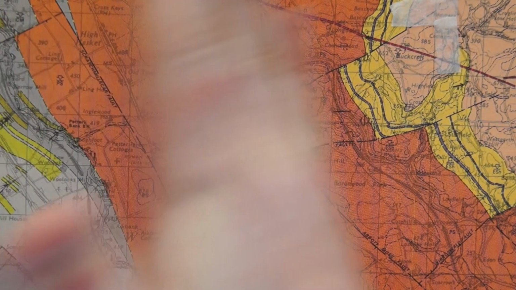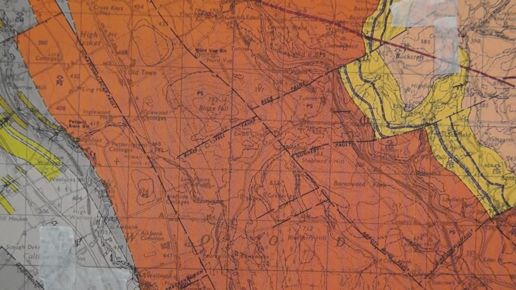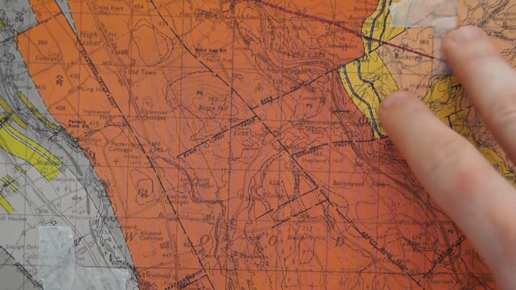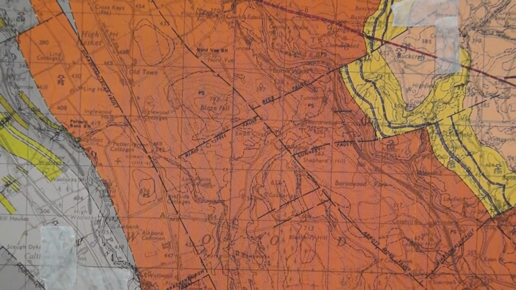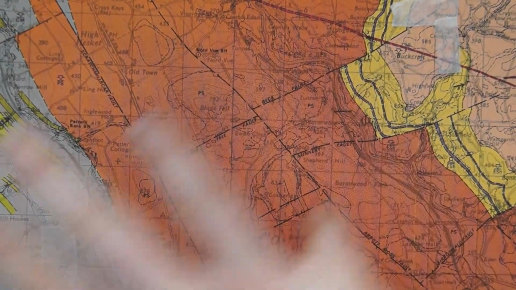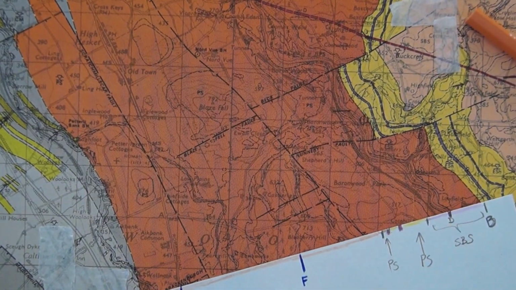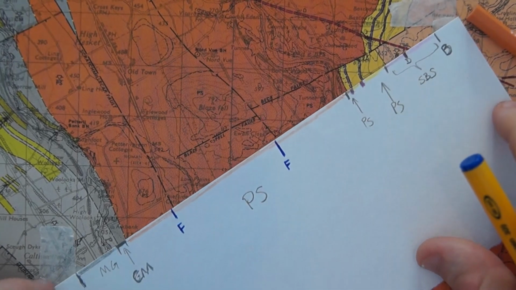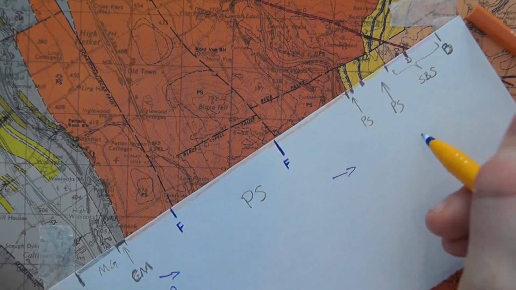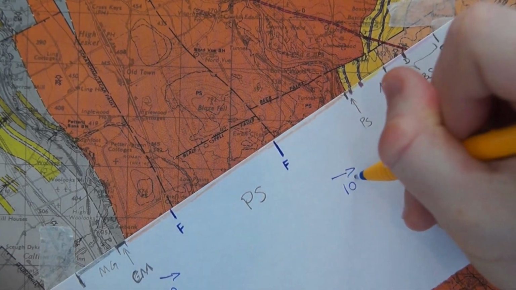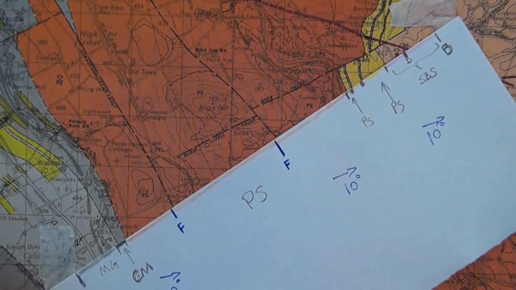So what I'm going to do with my faith as a geologist, I'm going to assume that if our rocks are dipping somewhere between 5 and 15 degrees on the east side and about 10 degrees on the west side, I'm going to assume, because I don't have any more specific information, that all of these rocks are dipping at about 10 degrees over onto the east.